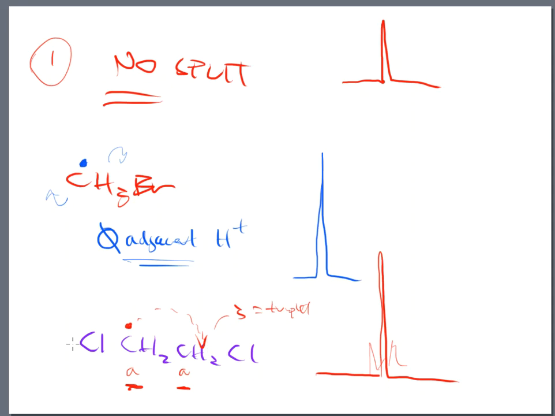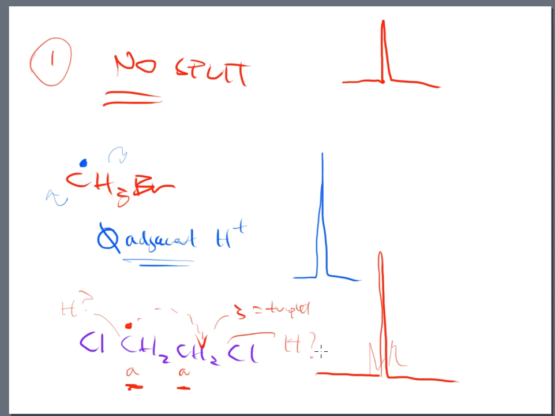Now, if there was another proton on this side, or if there was another proton on this side, then we possibly will see some splitting that begins to happen here. But because there weren't, again, very simplistic molecule here, we're starting baby steps. Chlorine to the left, equivalent proton to the right.